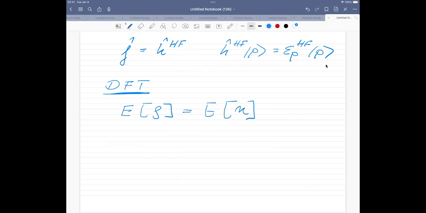And we are now going to make a variation of the energy with respect to the density, instead of actually varying the single particle equations. So we are going to find a functional, which we will define later more precisely. And we want to vary this quantity with respect to the density, and this one is equal to 0. So that's the variational calculus.